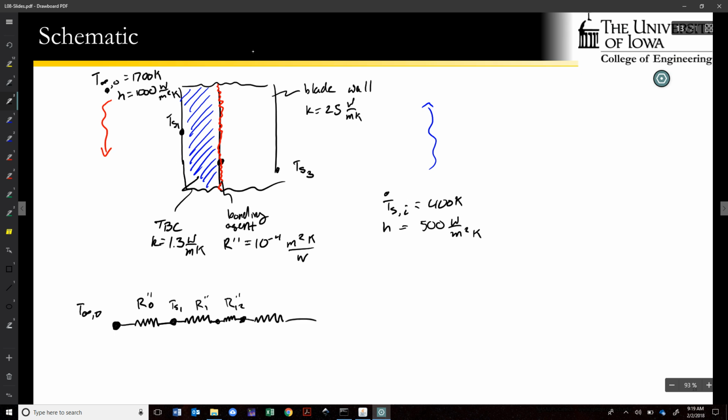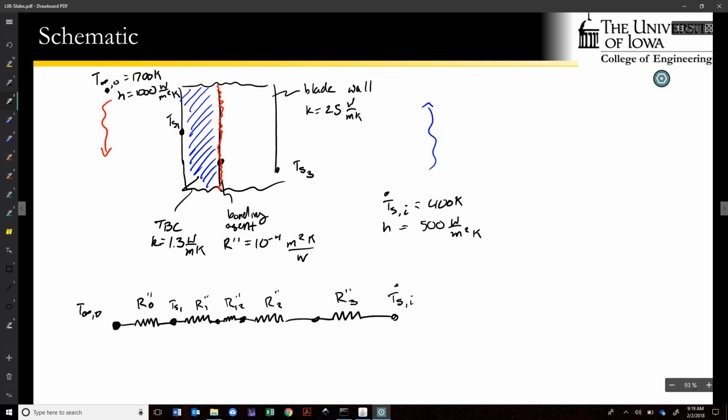And then we're going to have another resistor, which is R2, the conductive resistance of the Inconel blade wall. And then finally, we'll have our last resistor, R3, and we end up with our inside air temperature.